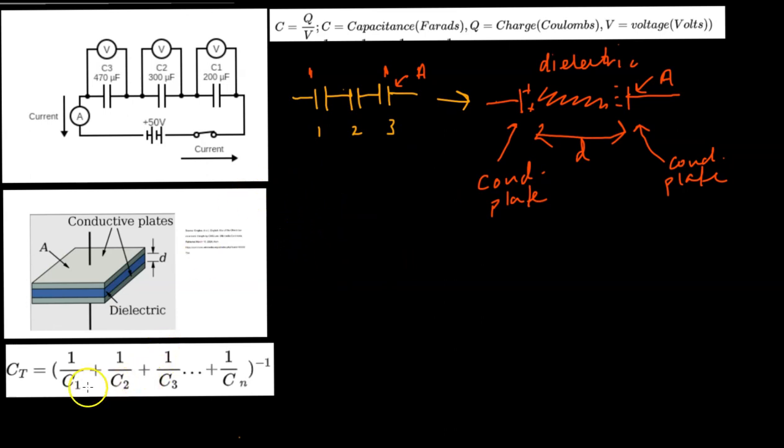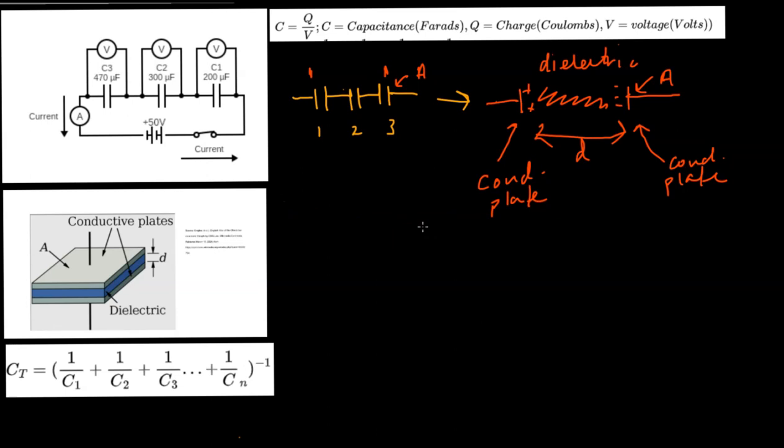In this case, the total capacitance is going to be 1 over each capacitor, taking the inverse of that. So what would it be for this question? Well, capacitance total would be 1 over 470 microfarads. Ooh, I should move this lower.